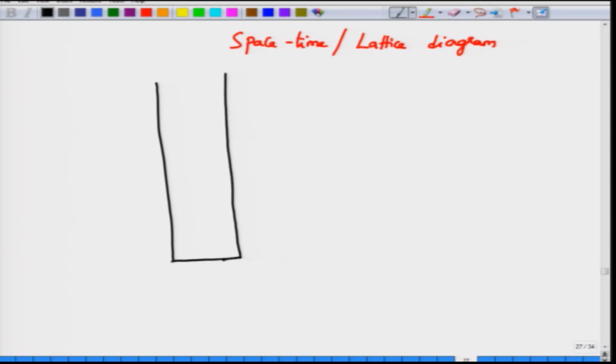To begin with, a lattice diagram is simply a two-dimensional representation. The two vertical lines that I have drawn correspond to the source and the load ends of the problem. So, z equal to 0 is the source end and z equal to L is the load end. You can see that the coordinate system has been slightly changed. This is the z axis which tells you where the load is located, and this is the time axis.